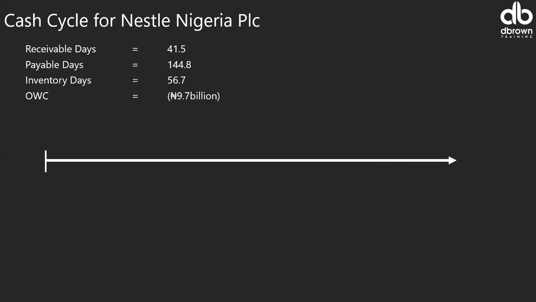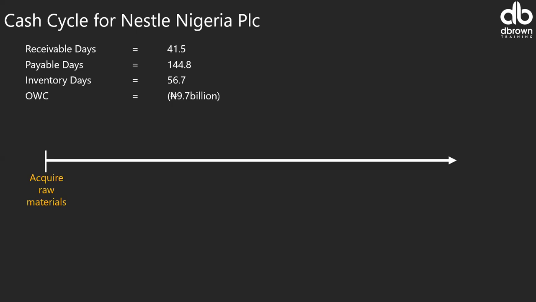The first thing that comes into play is for them to acquire raw materials. Let's take one of their products, say Chocomilio. For them to produce that Chocomilio, they need to acquire raw materials, and in acquiring the raw material, most times it's not an immediate cash transaction. So they go and meet their supplier: supply us these raw materials, and based on our company policy we have payable days, we pay you in so many days.